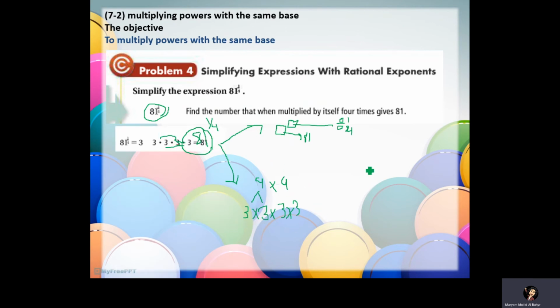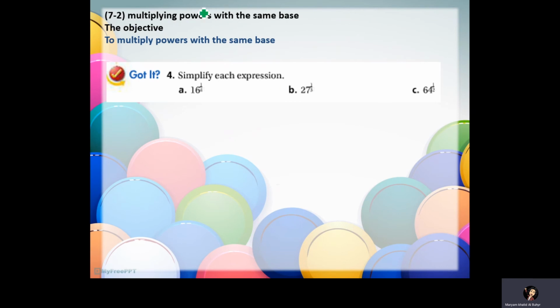Let's have more exercises. Now, this is 16 to the power 1/4. I rewrite it again because I feel it's not clear. I already did this kind of example. What is the number when I multiply it by itself 4 times? It's 2, right?